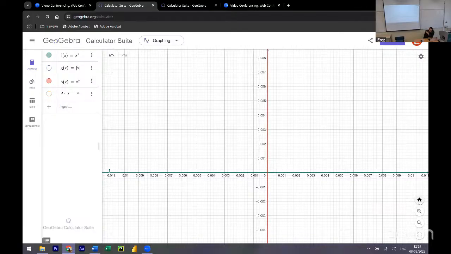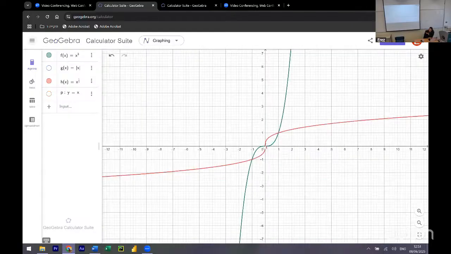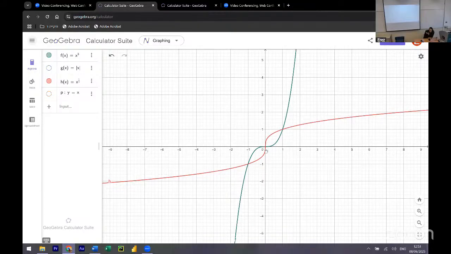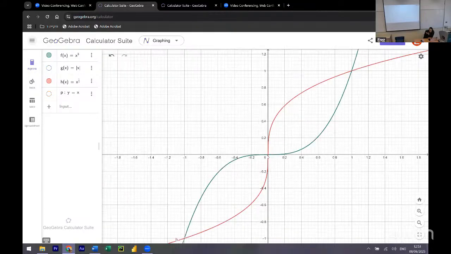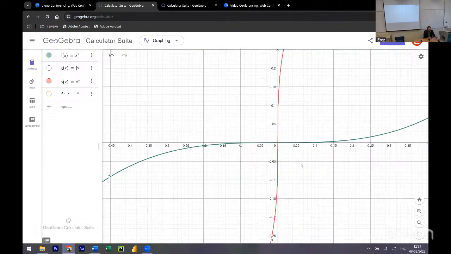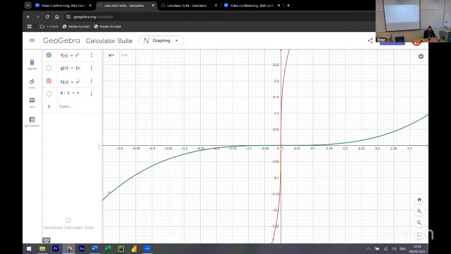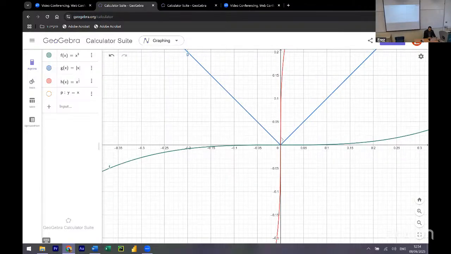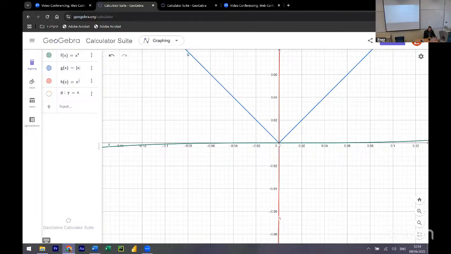Philosophically, I would expect it to be differentiable. You see what happened when I zoomed out? We would expect it to be differentiable, but it is not by definition. And lastly, if I take the absolute value, what happens when we zoom in?